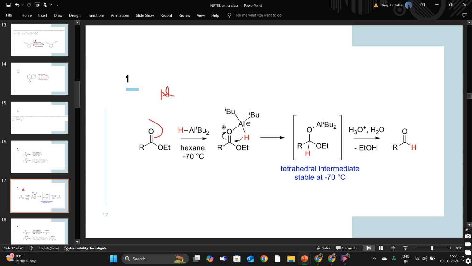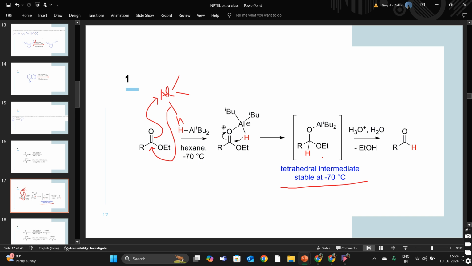So the carbonyl group is going to attack at the aluminium center, and DIBAL also contains a hydride. So this hydride will in turn be donated to the carbonyl center. Thus we have this tetrahedral intermediate, which we can obtain stable at very low temperature. But if the temperature is raised above minus 70 degrees, this intermediate is not stable.